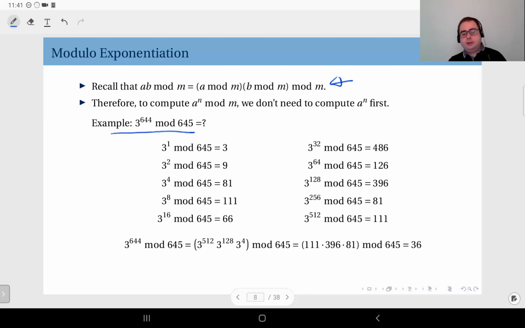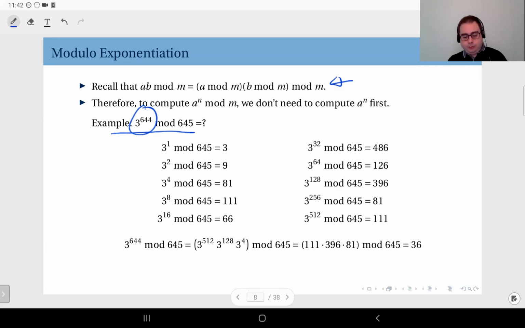You should not and do not need to compute this number, 3 to the power 644. Obviously, this is a huge number, and you do not want to work with huge numbers in a numerical way, and therefore we are not going to actually compute it, and we do not need to compute it.